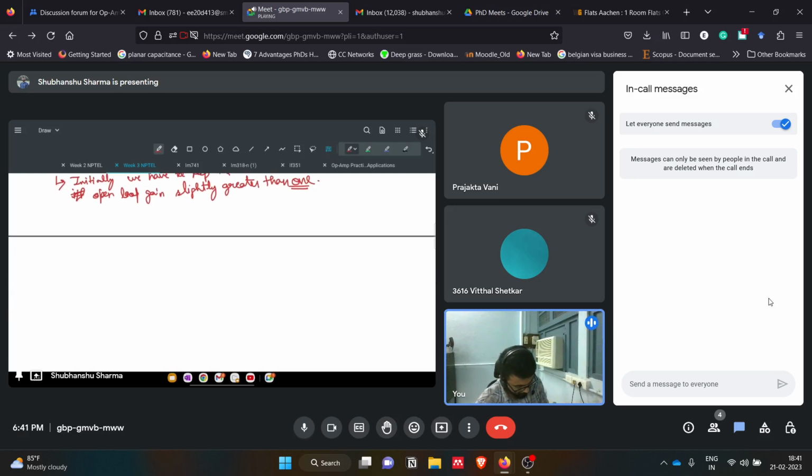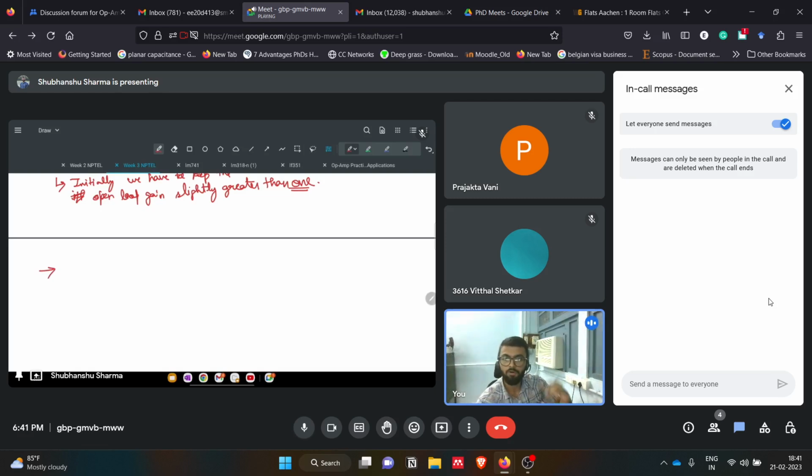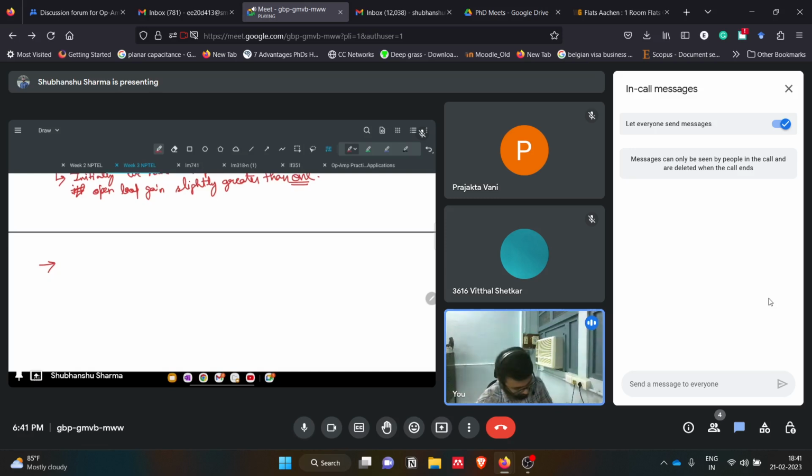Then we talked about the Barkhausen criteria. Before that, I'll just give a layout of how an amplifier looks. A basic amplifier: we give an input voltage V input. We have a summer here, which is actually doing the differential thing. This is an amplifier, and we get the output. We feed back this output via an attenuator, which has gain beta.